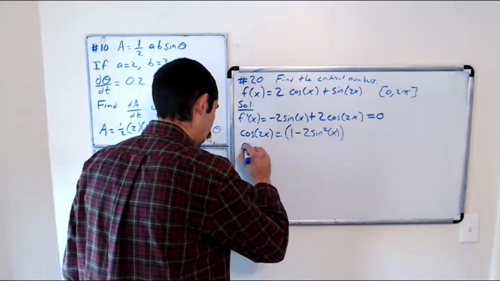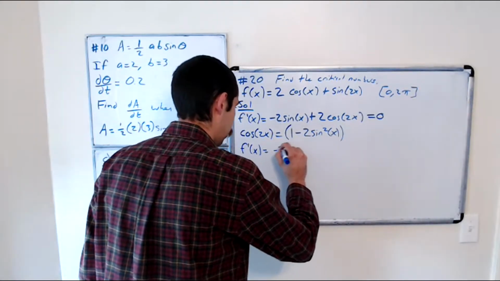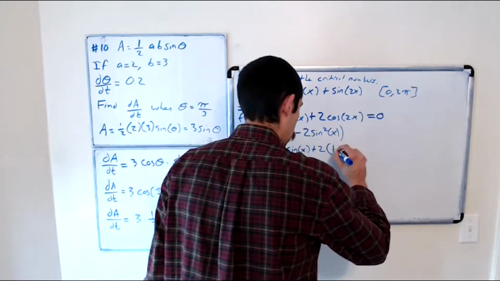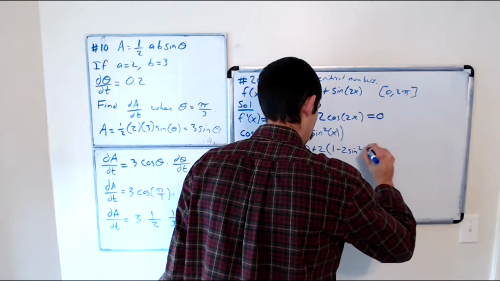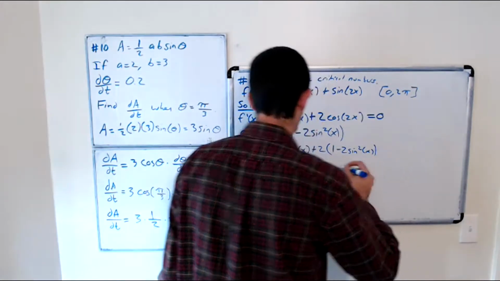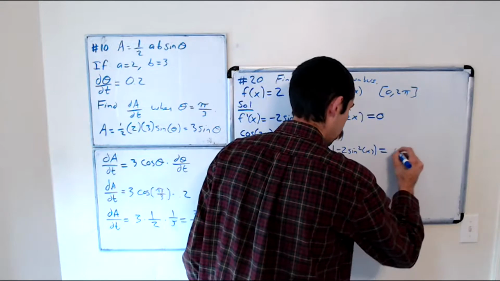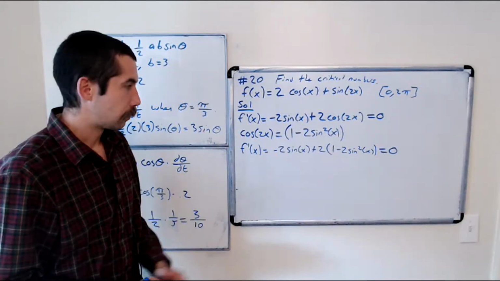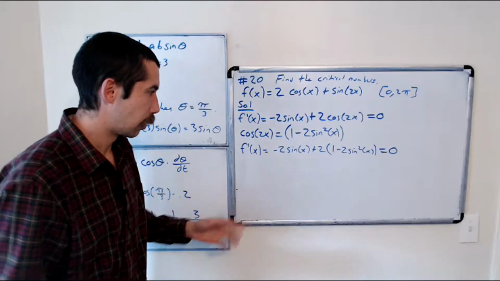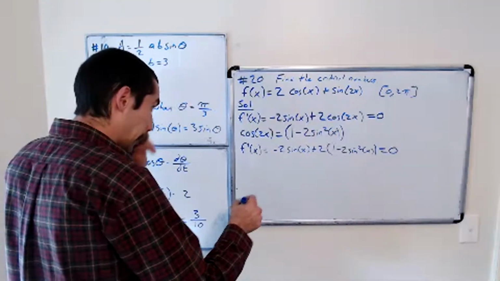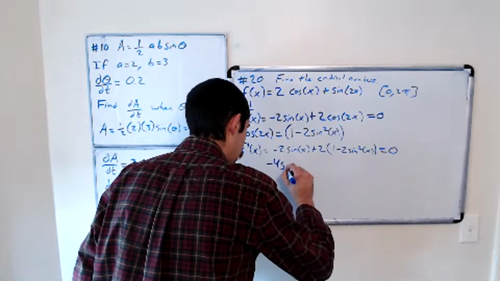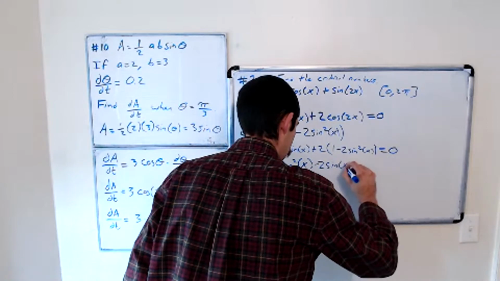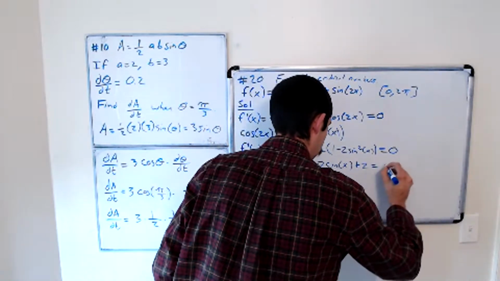So our derivative, f prime of x, is equal to negative 2 sine of x plus 2 times (1 minus 2 sine squared of x), equals 0. And so we want to solve this. Well, let's rewrite this out. This is negative 4 sine squared of x minus 2 sine of x plus 2 equals 0, right?